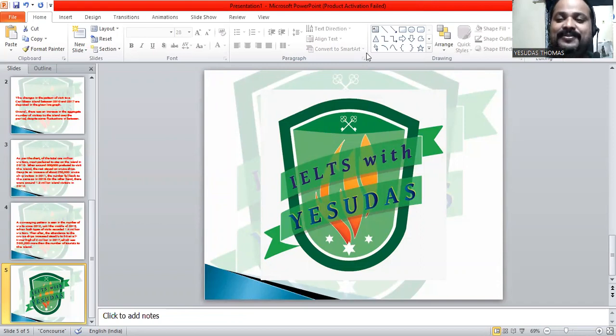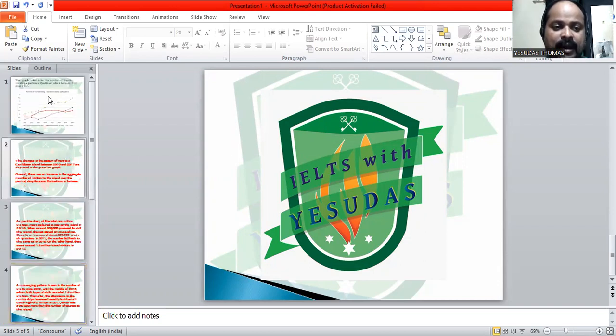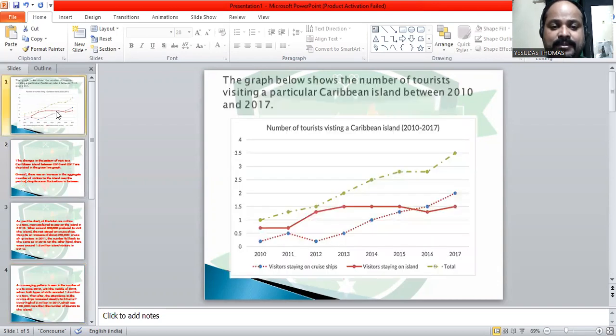Today we are going to see an academic task 1, and this task 1 is a line graph. We have a line graph here, and this represents the number of tourists visiting a particular Caribbean island between 2010 and 2017.